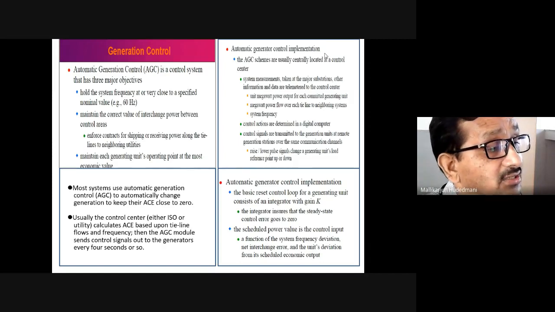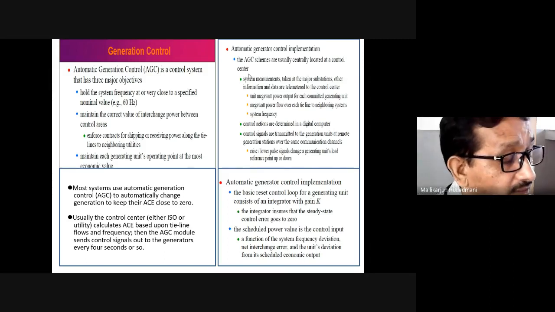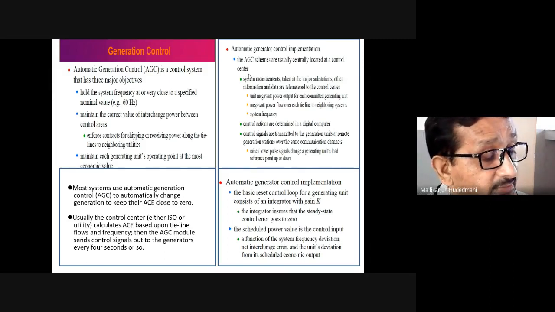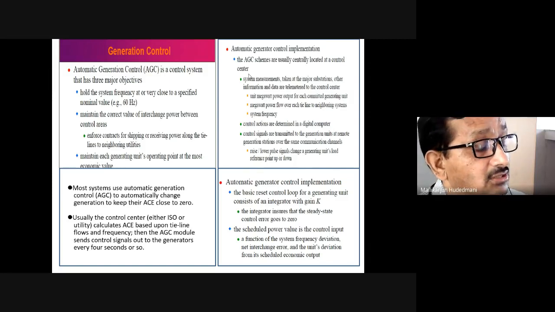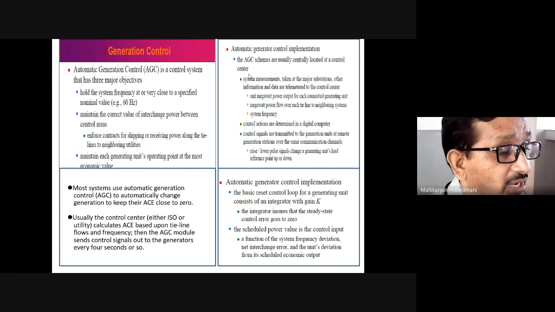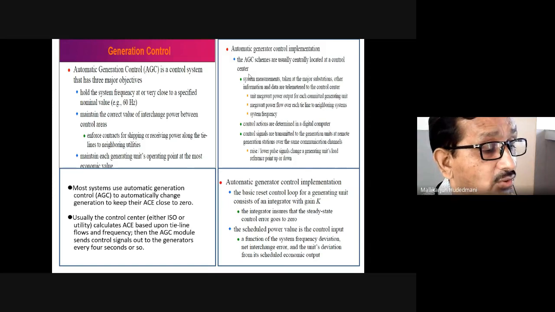How do you implement? Automatic generation control schemes are usually centrally located at a control center. I was speaking about the energy control center, wherein energy management software is installed. Some part of the generation aspects were assigned to a hierarchical control.